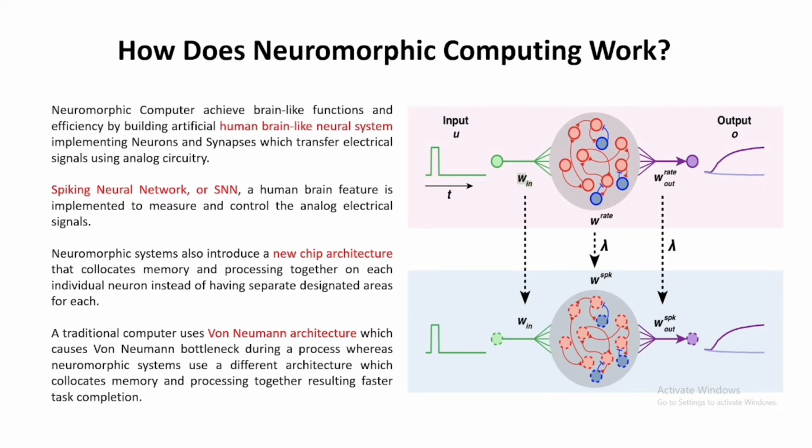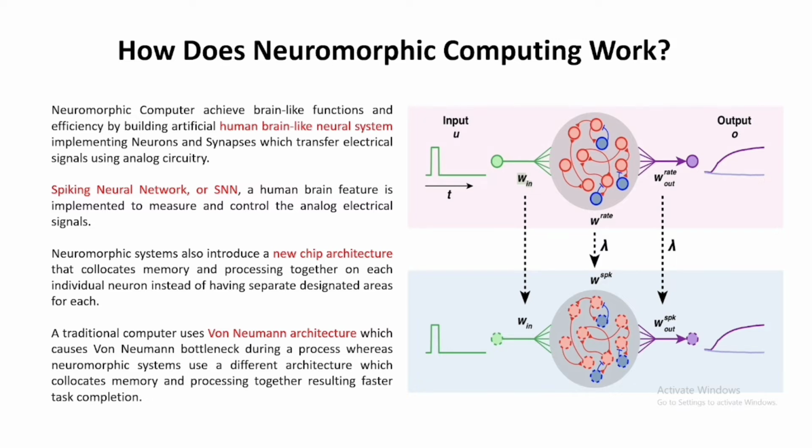Now, a traditional computer uses von Neumann architecture. We have already learned about von Neumann architecture in class, and it causes a von Neumann bottleneck, which slows down the process when compared to neuromorphic computers.